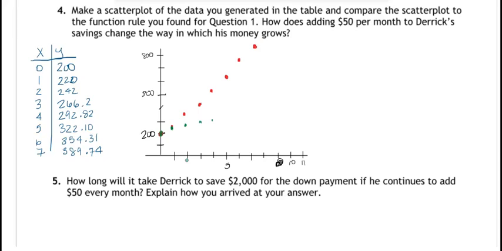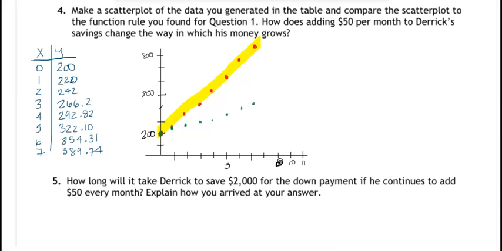Nope. 322, we're still here. 354.31. So we're about halfway. And then month 7, 389. So we're closer. So you can see right here, one of these is getting much larger, much quicker. And that's going to be the one where we added the $50 every month.